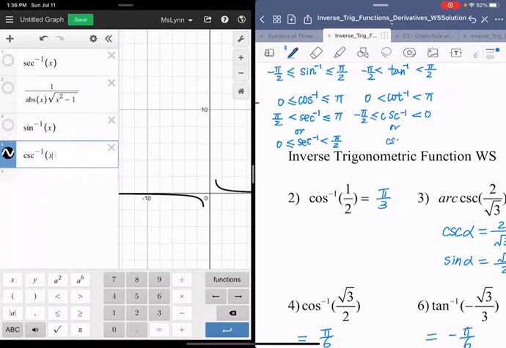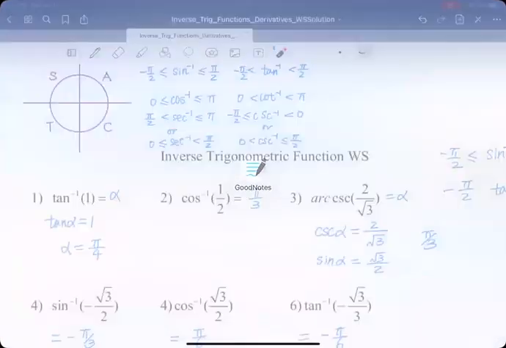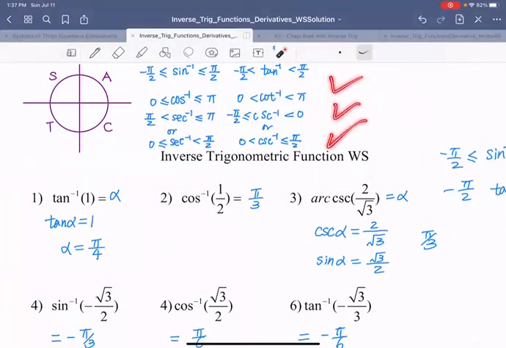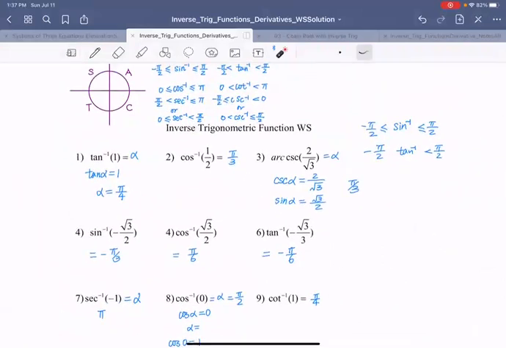Or it is bigger than 0, but less than or equal than pi over 2. For this one, y equals 0 is a horizontal asymptote for cosecant inverse. Okay. Well, you need to master this, and then let's take a look at those values.